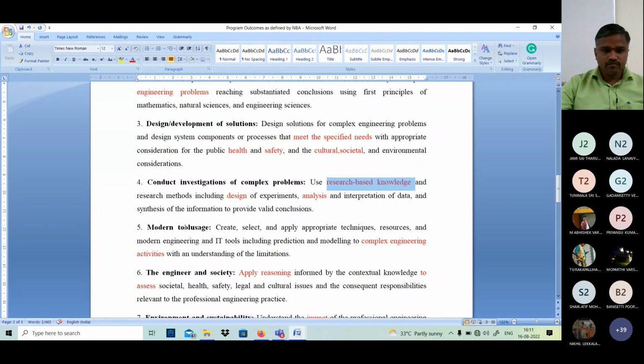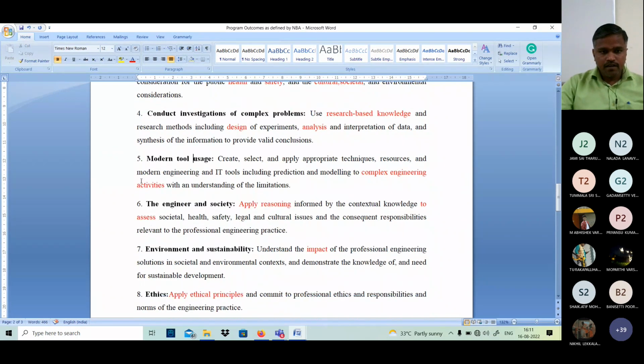Then fifth, modern tools. For example, for Java, we have so many platforms. So if there are any modern software tools available, we can apply them to solve complex engineering activities.